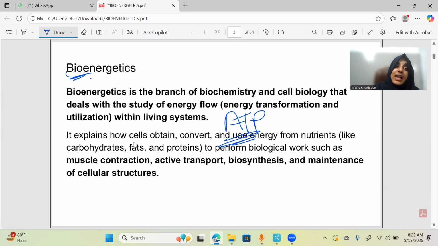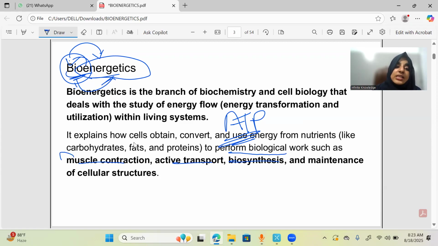Bio means life, and energetics means energy. Why does our life need energy, and how do other living organisms help to produce energy when we consume them? Humans and other animals perform biological work, for example muscular contraction, active transport, and biosynthesis.